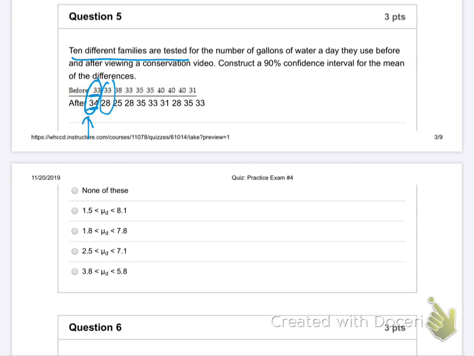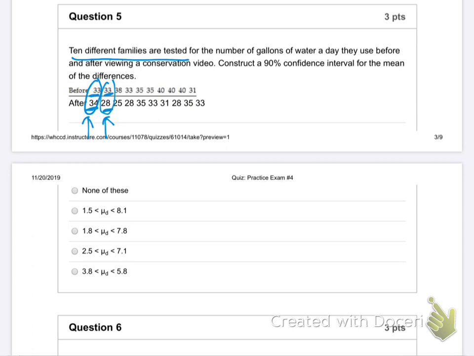After they watched the video, they cranked it up even higher. They weren't very convicted by the video. The next family used 33 gallons of water per day before watching the conservation video, and afterwards they decided to save more water, and their water usage went down.